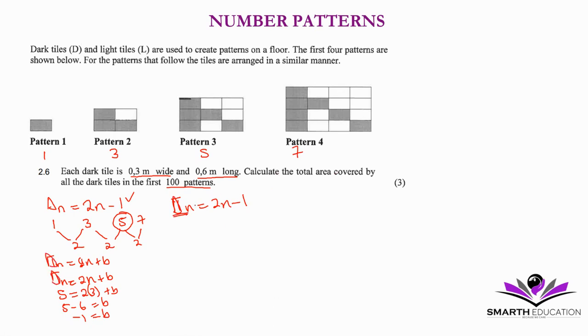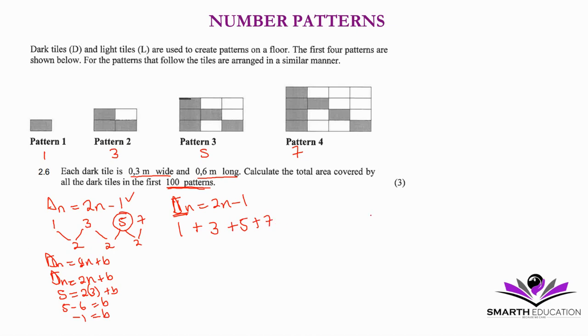Calculate the area covered by all dark tiles in the first 100 patterns. So we need to find the number of dark tiles in the first 100 patterns. We have to add them: 1 plus 3 plus 5 plus 7, and it goes on like that.